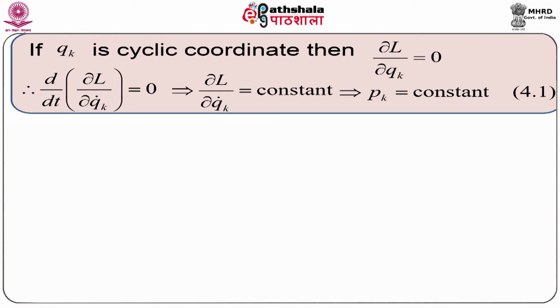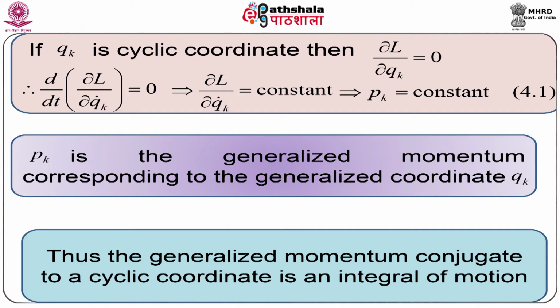Thus, we get del L del qk dot equal to constant. If we write del L del qk dot equal to pk, where pk is the generalized momentum, then we have pk equal to constant, where pk is the generalized momentum corresponding to the generalized coordinate qk. Thus, the generalized momentum conjugate to a cyclic coordinate is an integral of motion.